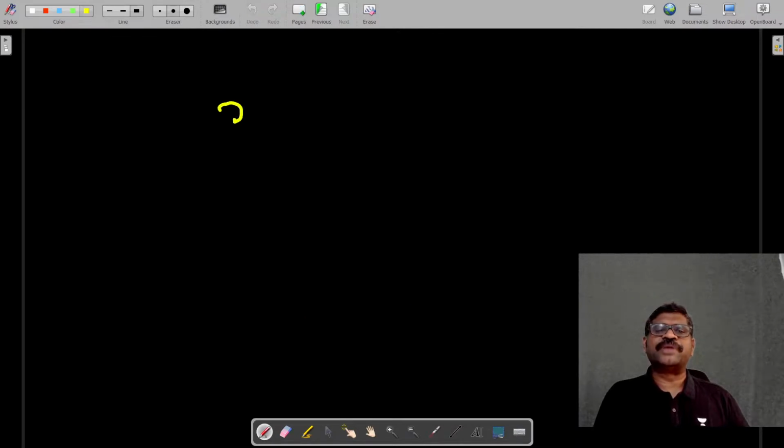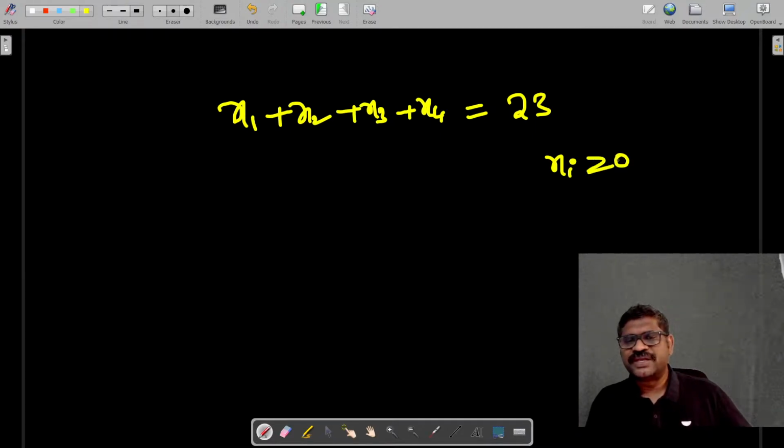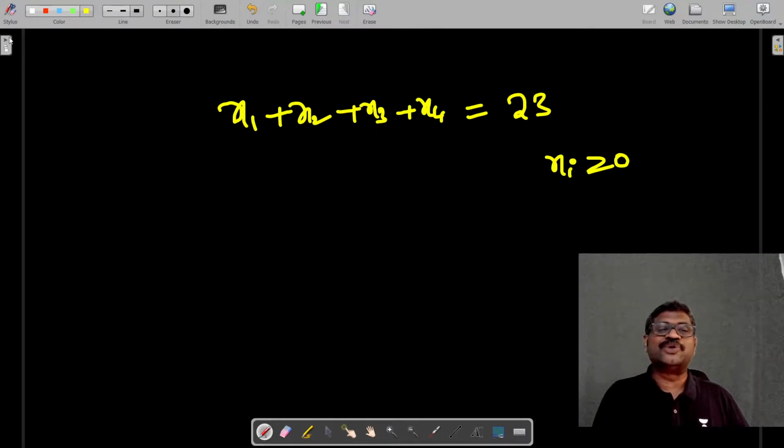Now our problem becomes x1 plus x2 plus x3 plus x4 equal to 23, where each xi greater than or equal to 0, which means non-negative.